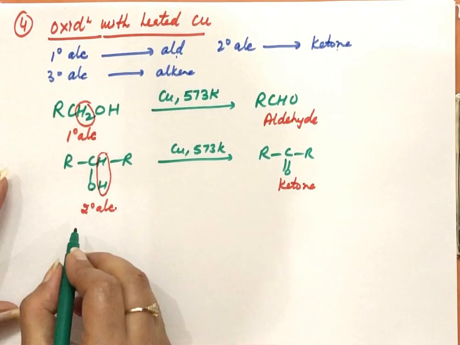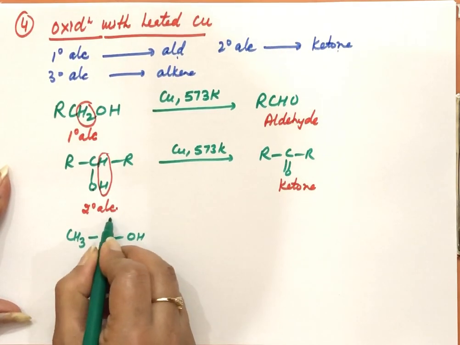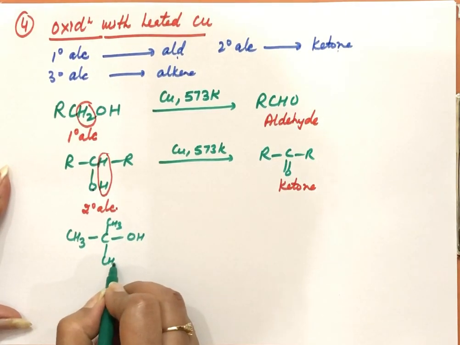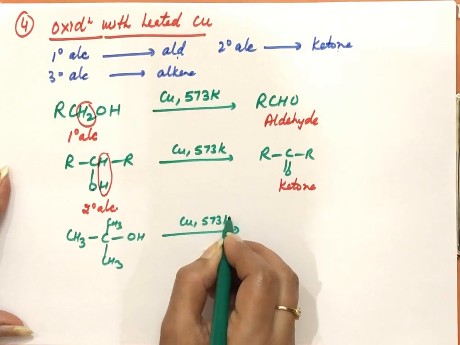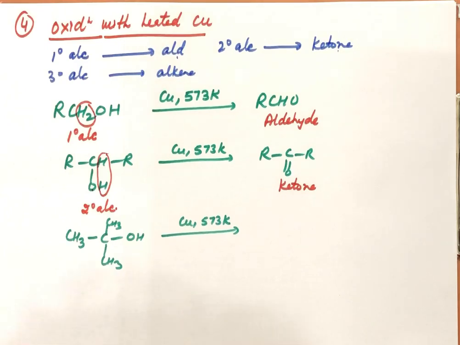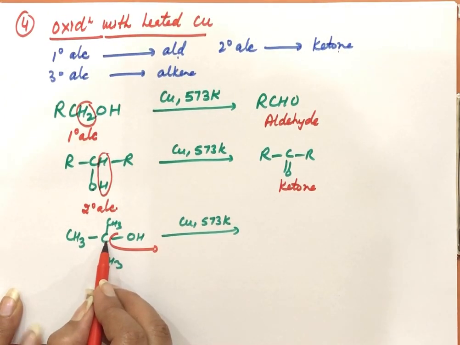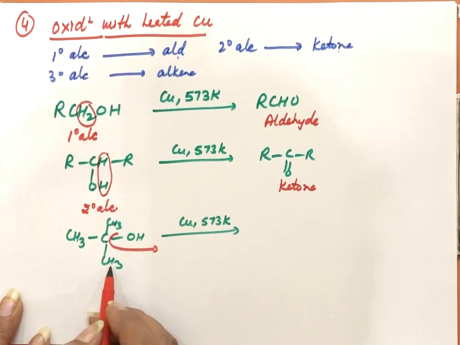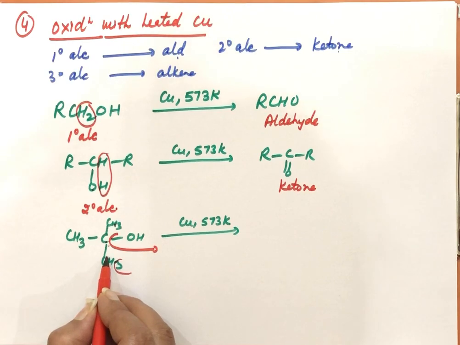But if we have tertiary alcohol, suppose we take this alcohol and heat it with copper at 573 Kelvin. Now there's removal of water in this case, from this carbon with OH and from its adjacent carbon. All three are adjacent carbons. So from any one, hydrogen is removed, and between the two carbons there will be a double bond now.